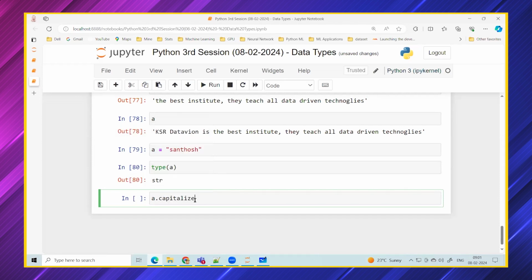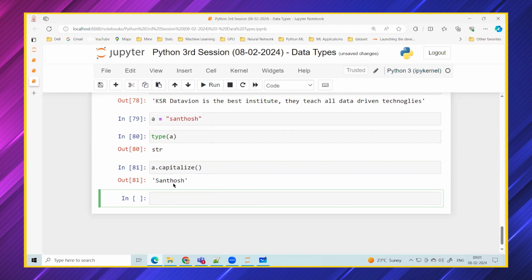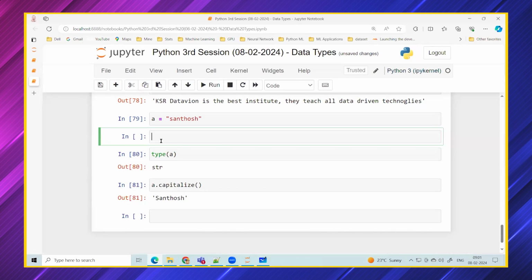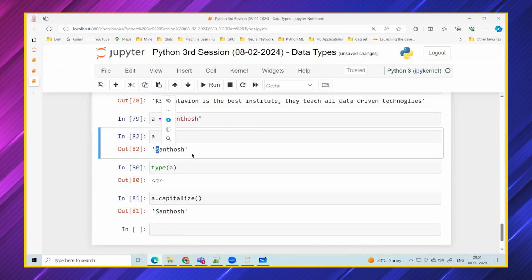If I write A dot capitalize, with open and close brackets, I'll be getting capital. If I simply print A, it comes in small letters, but with capitalize, its first letter is capital.